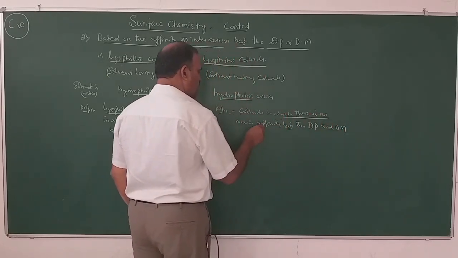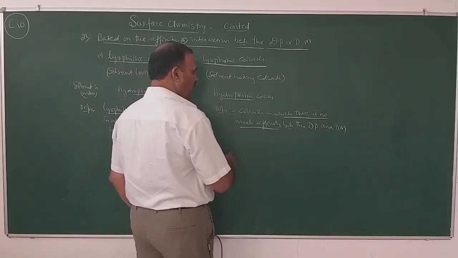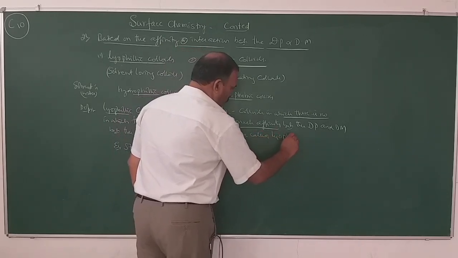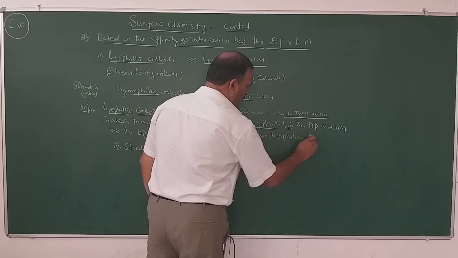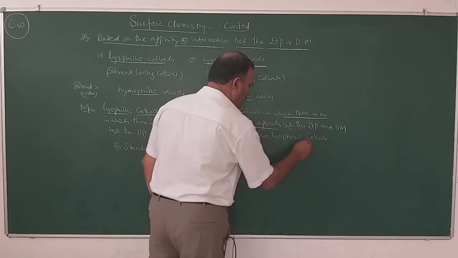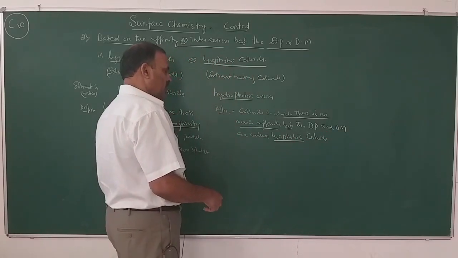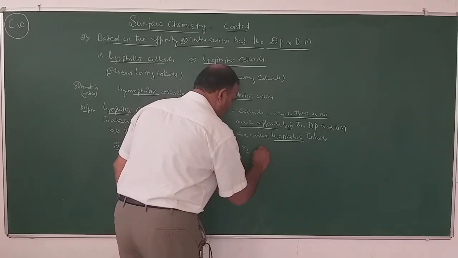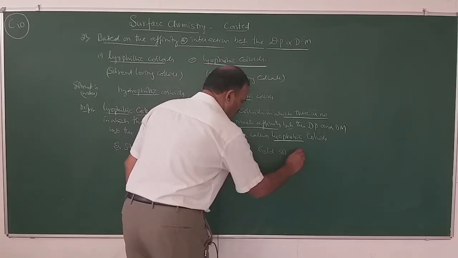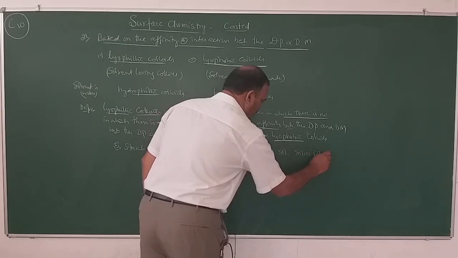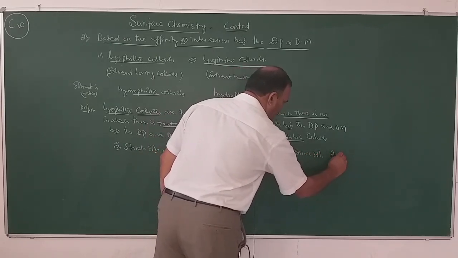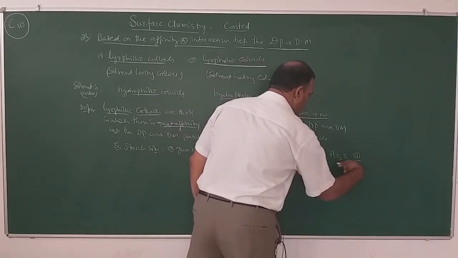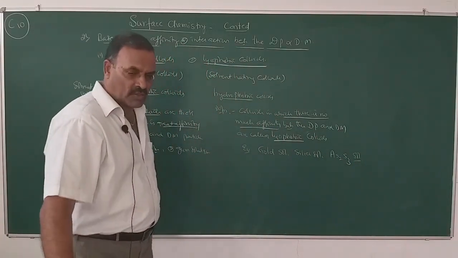There is no much affinity between dispersed phase and dispersion medium are called lyophobic colloids. Lyophobic means solvent hating colloids. They don't like solvents. Example for lyophobic colloids: gold sol, silver sol, arsenious sulfide sol, As2S3, arsenious sulfide sol, etc. are lyophobic sols.